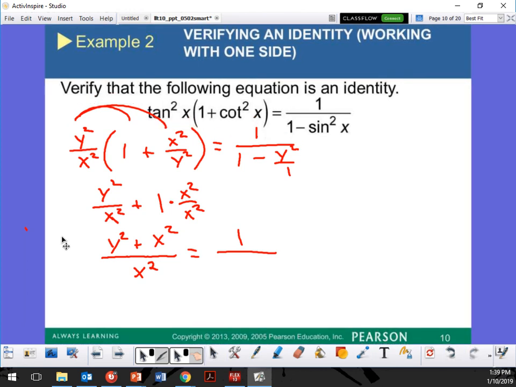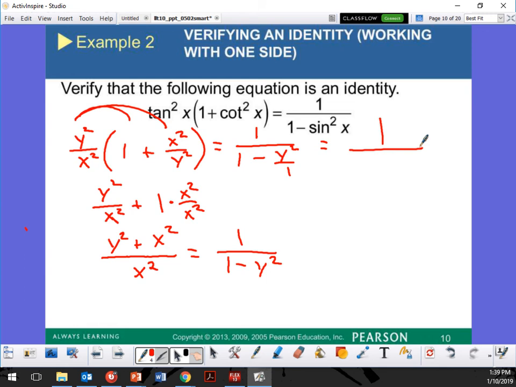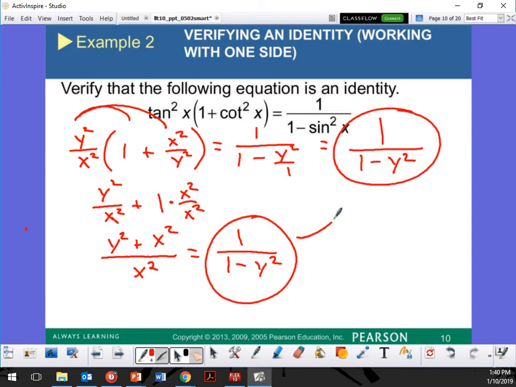Now I got it. So this replaced into 1 minus y squared. So now, do they match? Yes, because y squared divided by 1 is just y squared, or sine squared. This is the same as this. And now I have verified that identity.